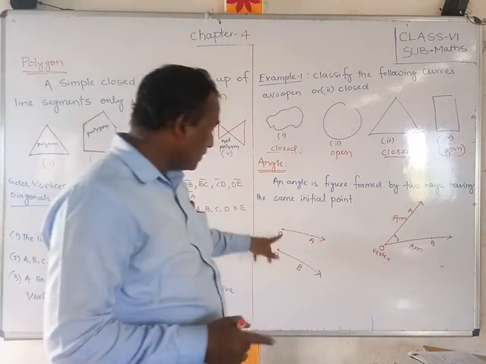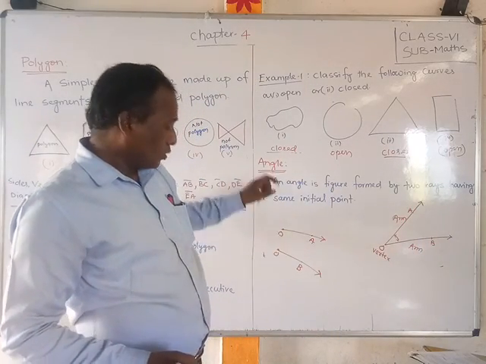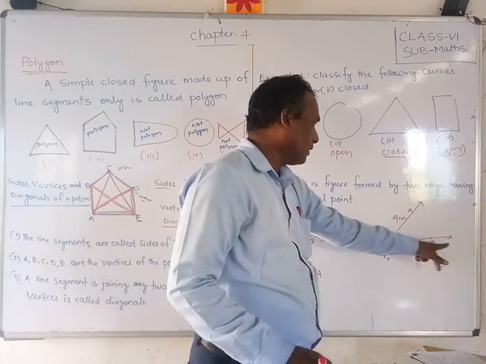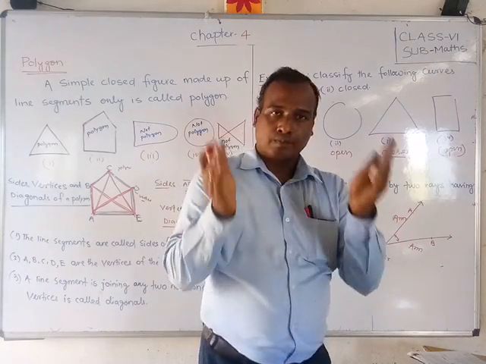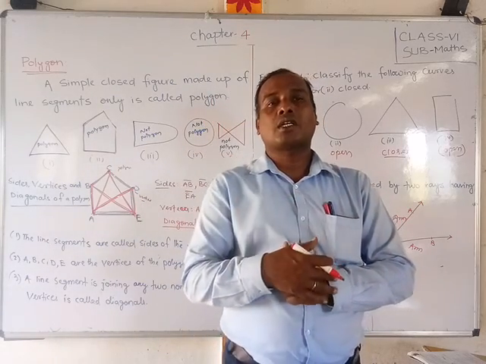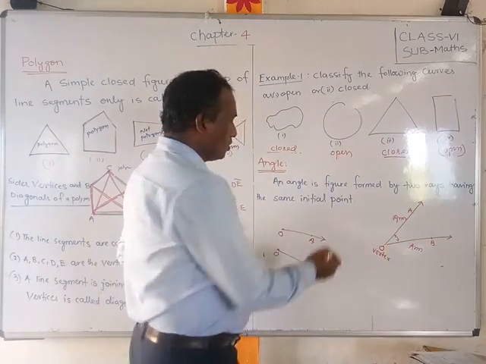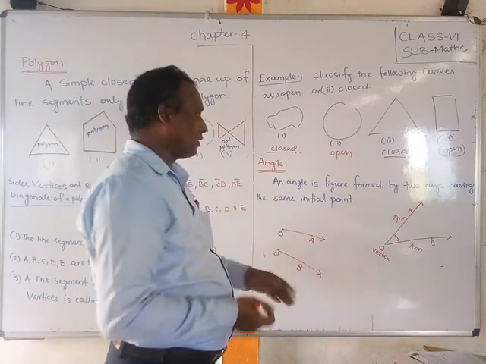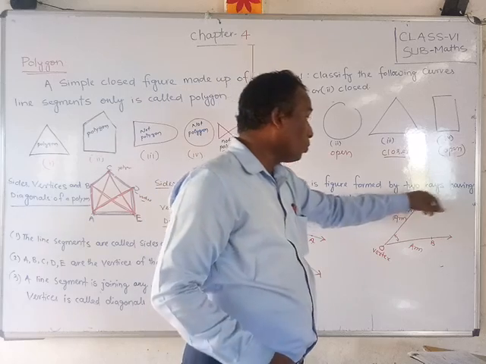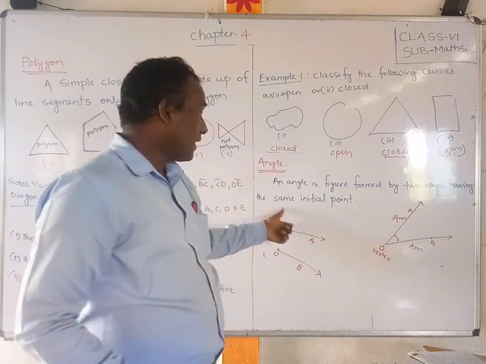These two rays have a common point O. The area formed by these two rays is called an angle. So students, what is the definition? First of all, listen: an angle is a figure formed by two rays having the same initial point.